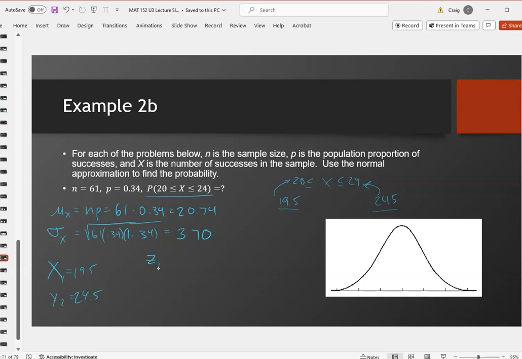And so Z1 is 19.5 minus 20.74 divided by 3.70. Same for Z2, 24.5 minus 20.74. That's going to give us two different Z values.